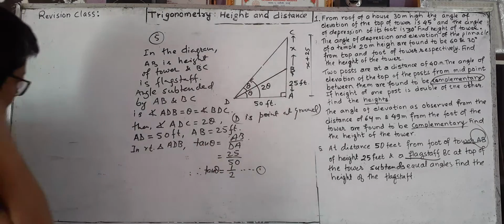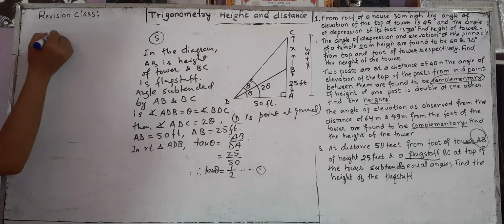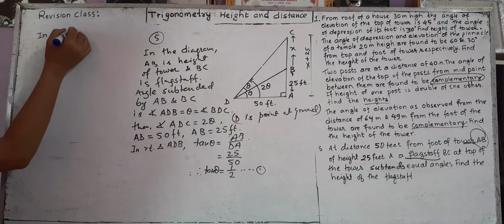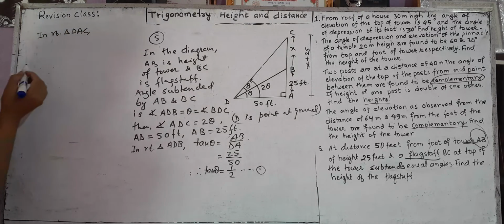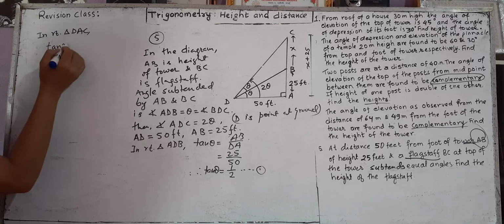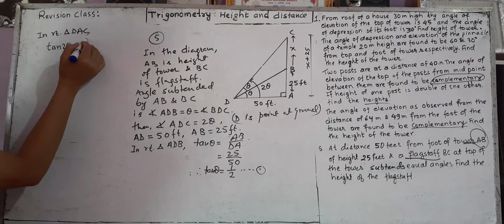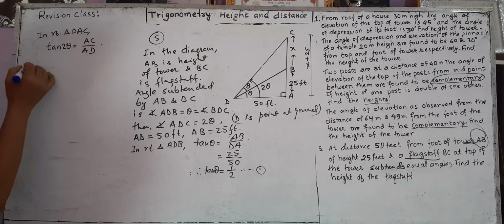In another right triangle, in right triangle DAC, the angle is 2 theta, so tan 2 theta equal to AC by AD.